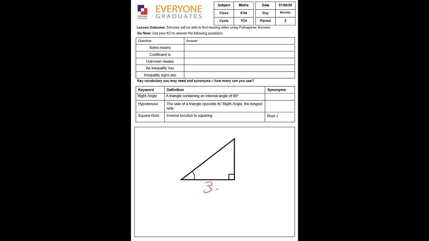of 3 cm and 4 cm, a really simple example. Now, what Pythagoras theorem tells me is that if I call this side here x cm, so Pythagoras tells me that the square of a, which we can say is 3, plus the square of b, which would be the 4 cm, is equal to the square of c.